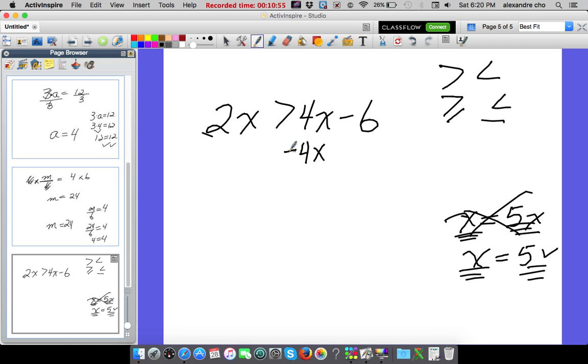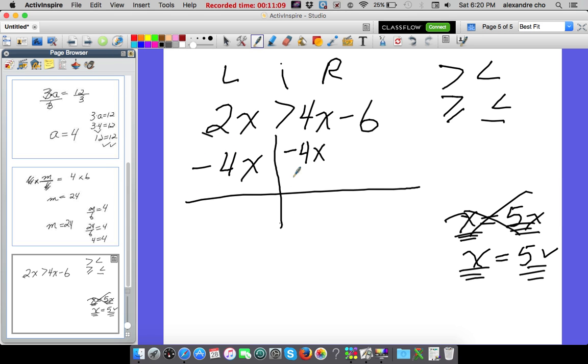Remember, whatever I do to one side, and again, here is that imaginary line that separates the left side and the right side, if I subtract 4x from this side, I'm going to subtract 4x from that side. This is what you're going to end up having. So let's bring that inequality sign down. On this side, you have 2x minus 4x, which is going to be negative 2x.